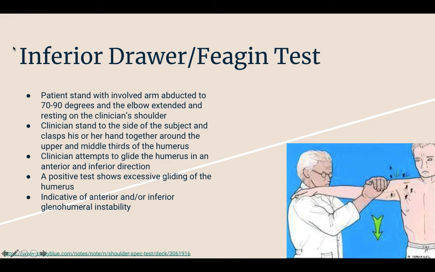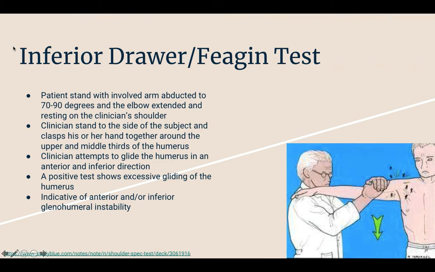And then the last test is the Inferior Drawer or Feagin's test. The patient is standing with the involved arm abducted to 70 to 90 degrees and the elbow extended, and their arm is resting on the clinician's shoulder, as you can see in the pretty archaic photo to the right.